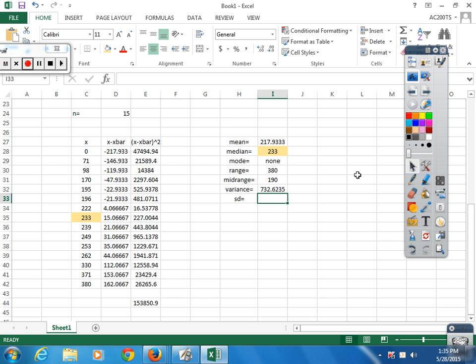And then what do we do with that number? Raise it to the what power? To the 0.5 power, which is taking the square root of it. Now we can draw our picture.